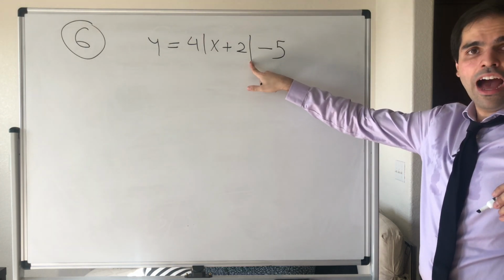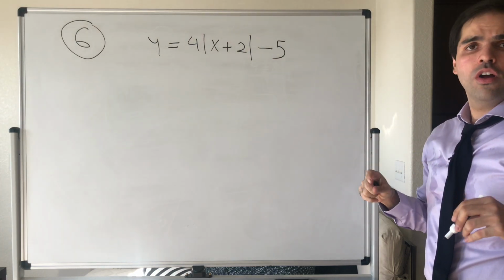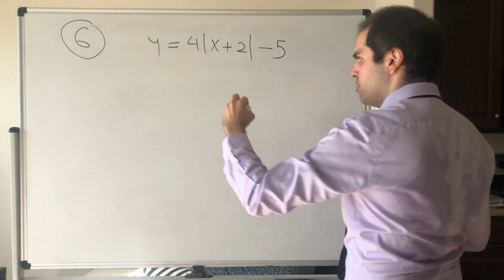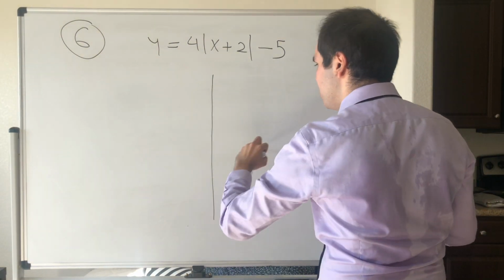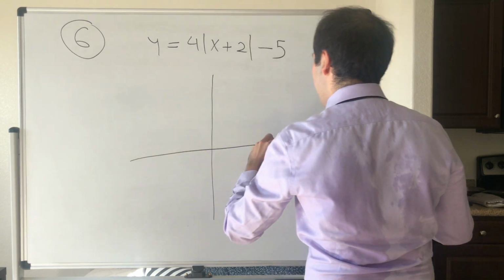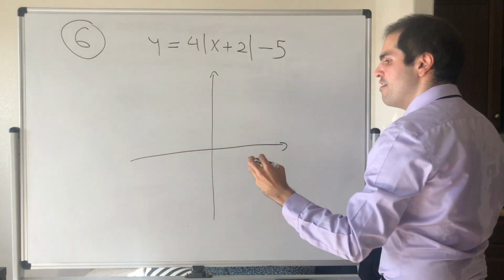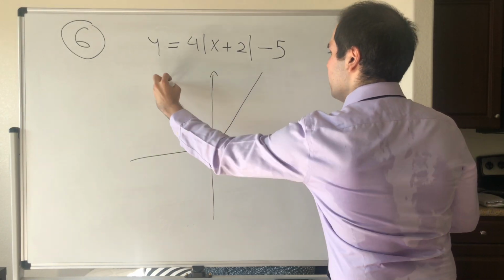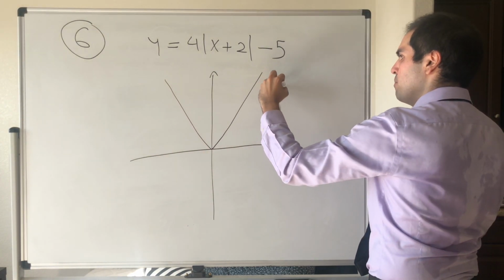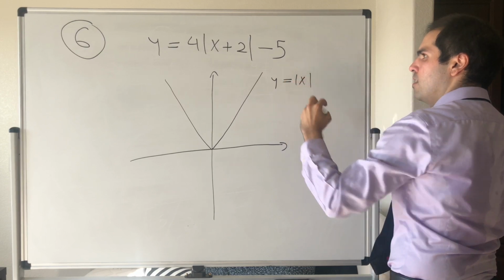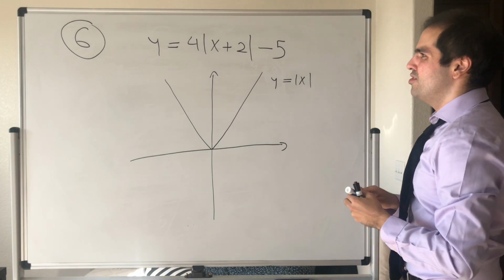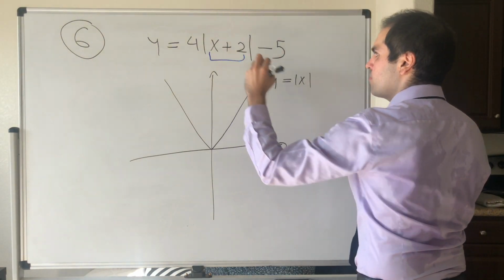How would you graph y equals 4 times the absolute value of x plus 2, minus 5? So again, same thing as before. You just have to do it step by step and figure out what every transformation is. So you start with absolute value of x, so this V shape. And now focus first on x plus 2.